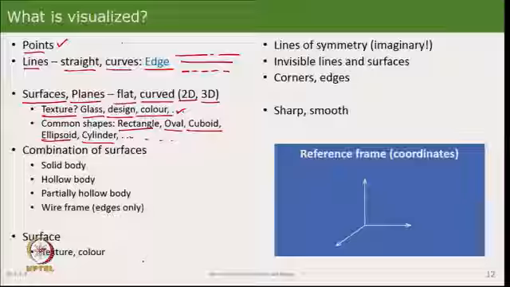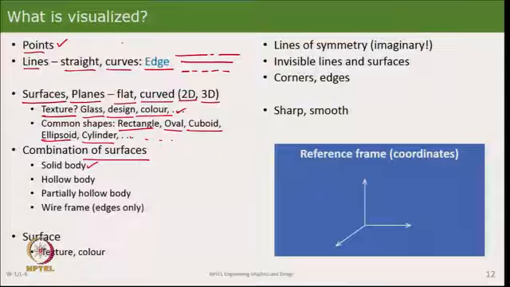What we also visualize is that objects are combinations of surfaces, could be a solid body, could be a hollow body. What we are saying is that we have cut out a certain portion of that object, that is hollow. It could be a partially hollow body, or we could say we are only looking at the edges of that as a wire frame. For example, if you go to the market, you will find a stand which is made entirely of wires.